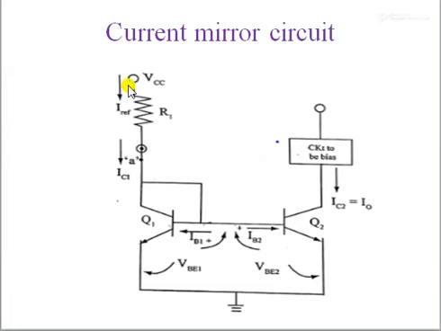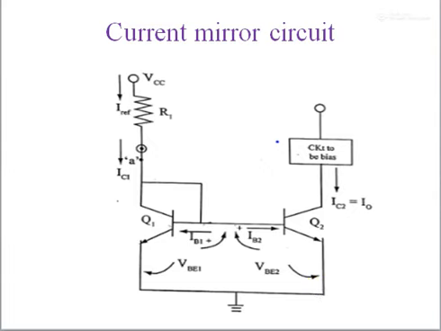When VCC is applied, the reference current I reference flows through R1 and enters the diode connected transistor Q1 and produces a voltage across the emitter base junction of Q1. This voltage in turn appears between base and emitter terminal of Q2.